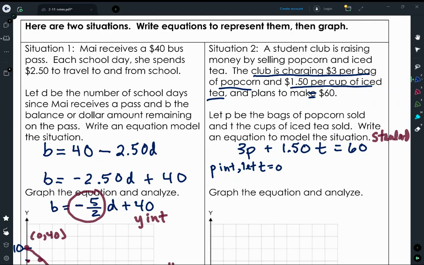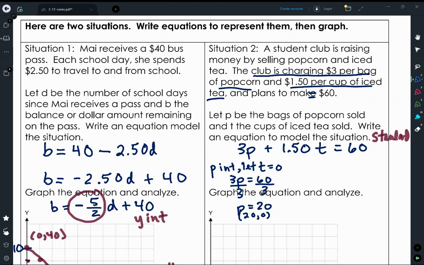So if t equals 0, that means that 1.50t, all of that's going to be gone from my equation. It is zeroed out. 1.50 times 0 is 0. All I have left is 3p equals 60. And I could solve that, and I would get p equals 20. So if I have 20 bags of popcorn, I would have 0 cups of tea. So that's going to be 20 comma 0.